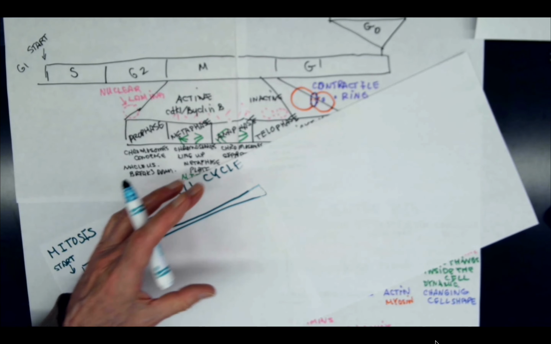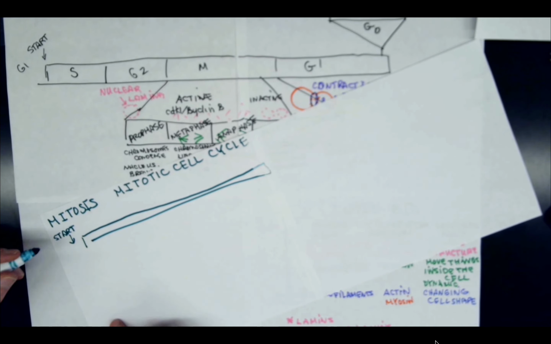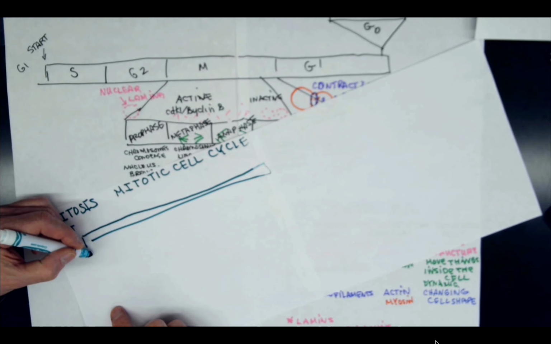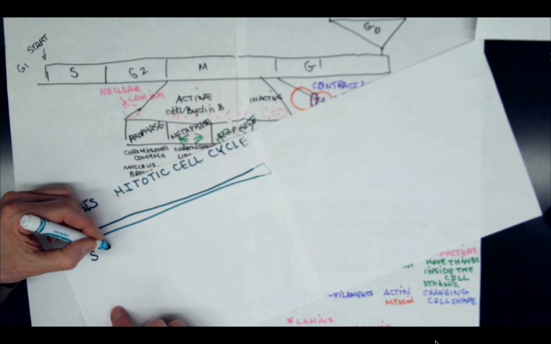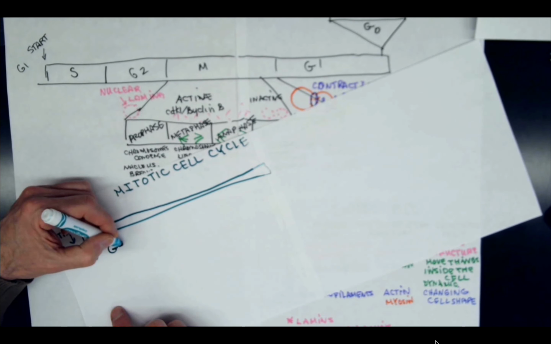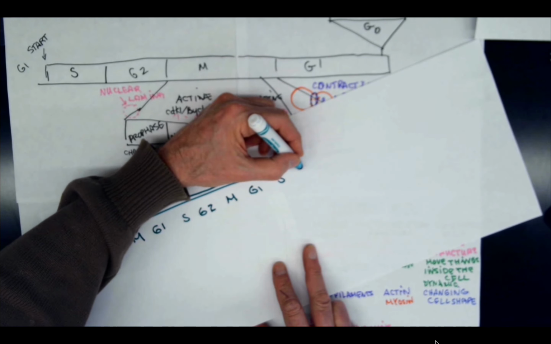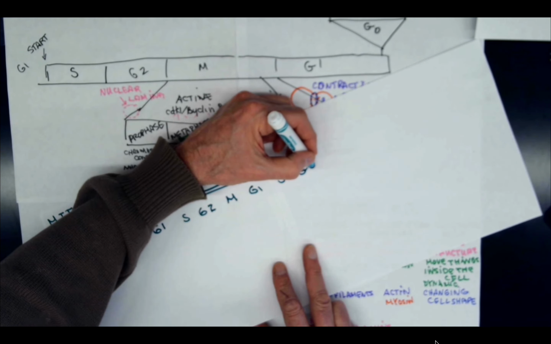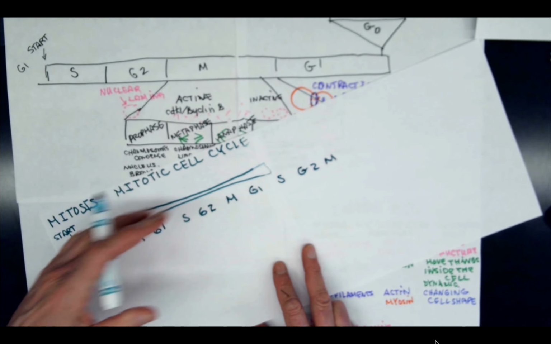And instead of blocking them all out like that, for this, we are just going to draw it out simply, because we're going to go to S, then G2, then M. Then we're going to go to G1, and S, and G2, and M. Then we're going to go to G1, and S, and G2, and M, right? And on and on and again.